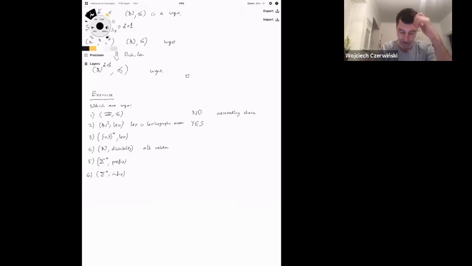Exactly. Thanks. You can also see this in another way. To show that this is a well quasi-order, let's take an infinite sequence of such elements and show that there is a domination. By Dickson's lemma, there is a domination of the form (x, y) and later some (x', y') which dominates the previous one in the coordinate-wise order.